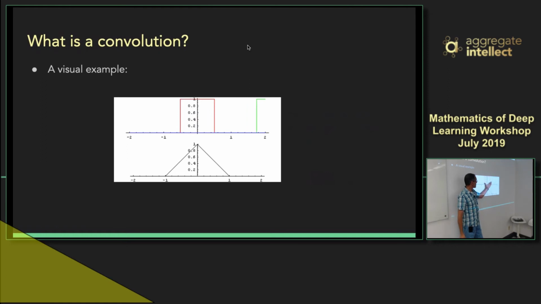So let's repeat the convolution exercise with two top hat functions. All right? I'll start from here, and when I multiply, these are both... So here, they are 0.